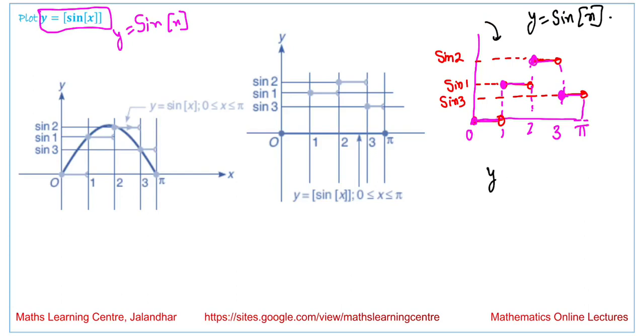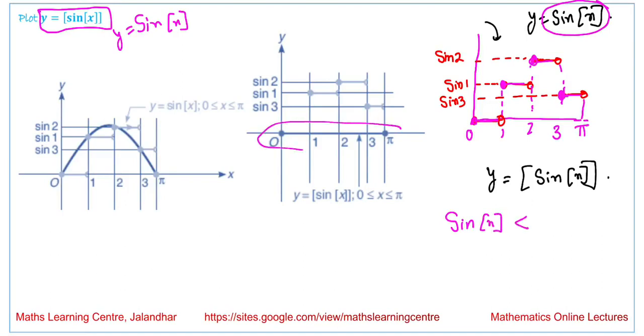Now we have to plot the graph of y is equal to greatest integer of sine of greatest integer of x. If we look at the maximum value we can have here, the value of sine of greatest integer of x is always in the interval 0 to pi, and it always lies between 0 and 1, that is, it is greater than or equal to 0 and less than 1.